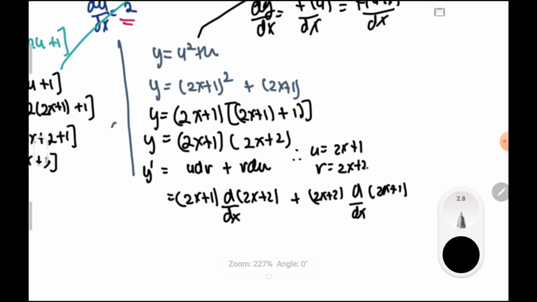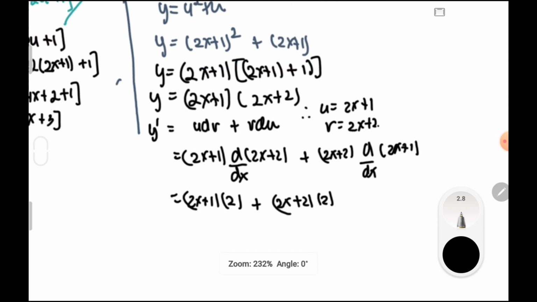We'll have a value equal to 2x plus 1 multiplied by the derivative of 2x, which is 2, plus 2x plus 2 and the derivative of 2x plus 1, which is 2.